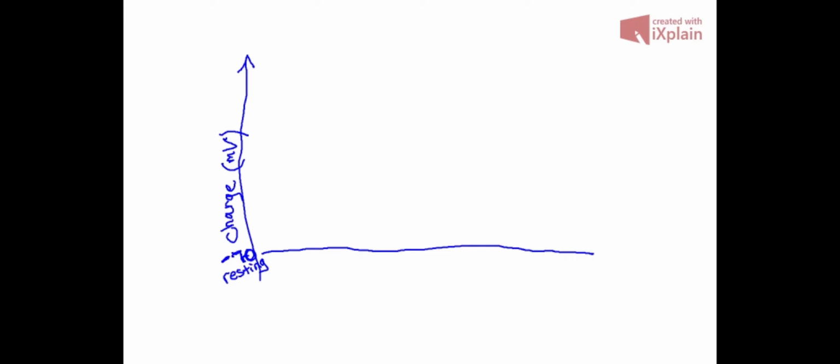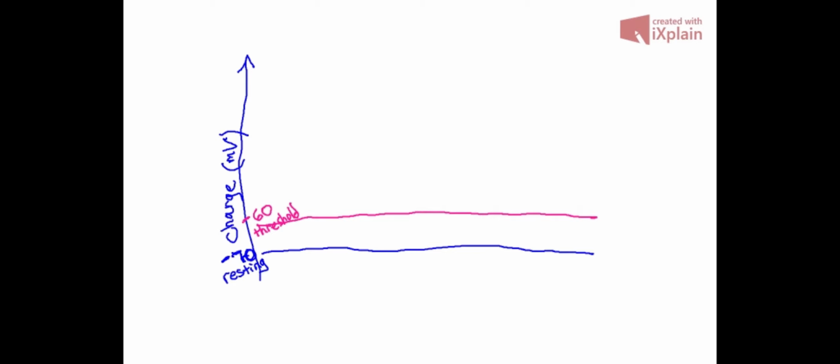Now, a little bit further up here, this is negative 60, and this is called the threshold. And it's called that for a reason. We'll get to that.